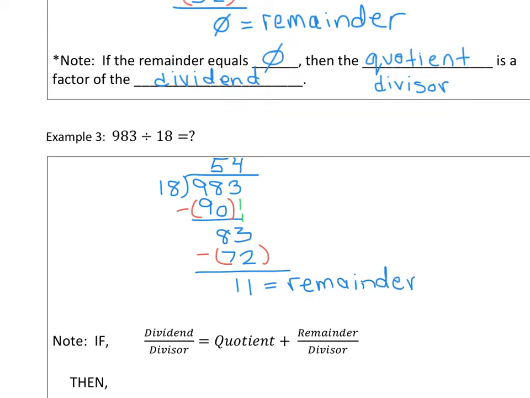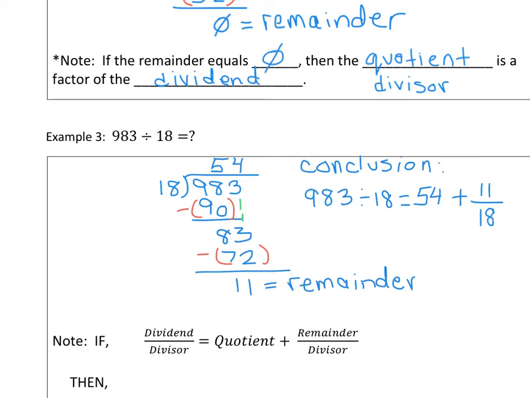So we would conclude that the result of the division of 983 divided by 18 equals 54 is our quotient, plus our remainder is 11, and we would put that remainder over the divisor.